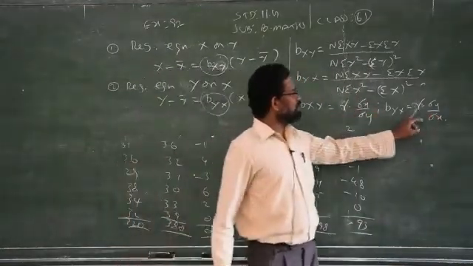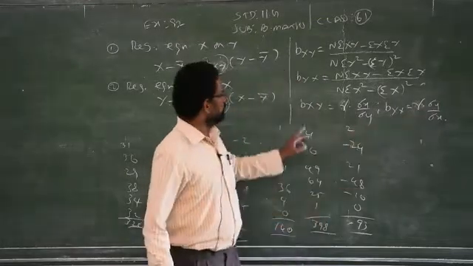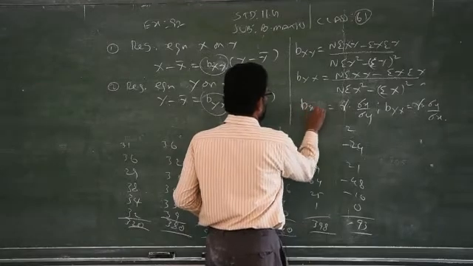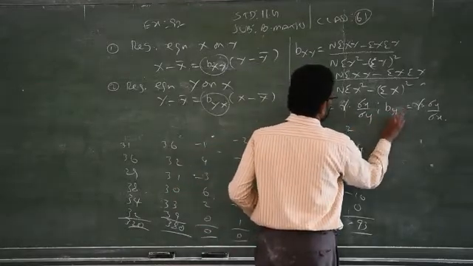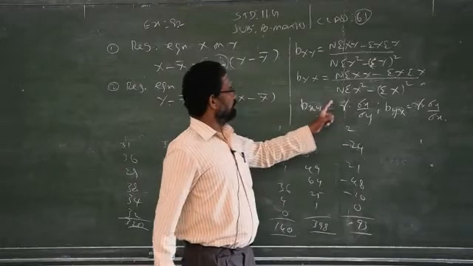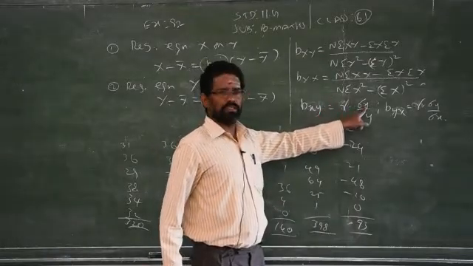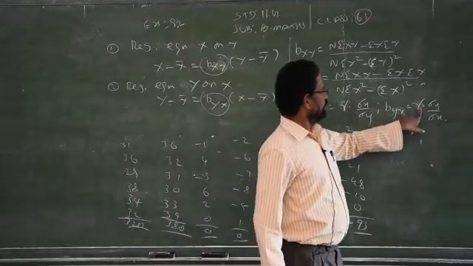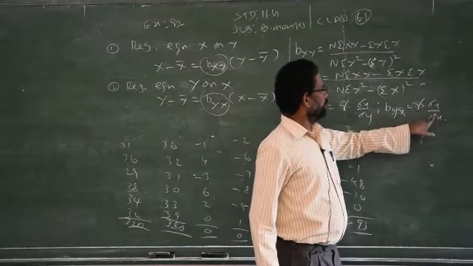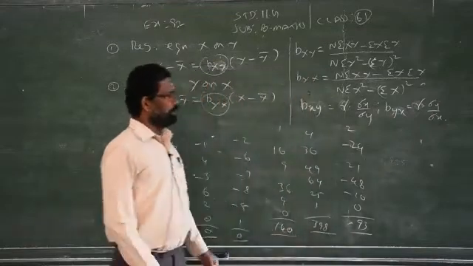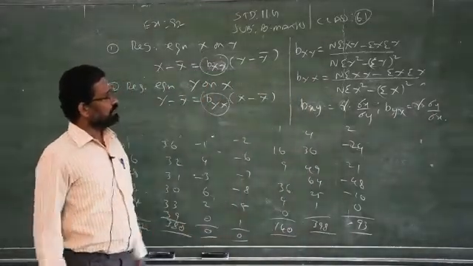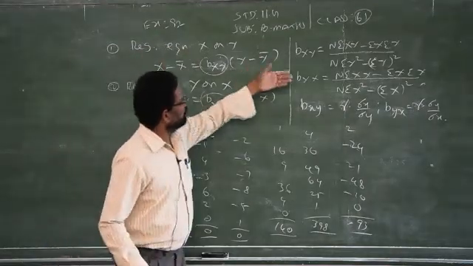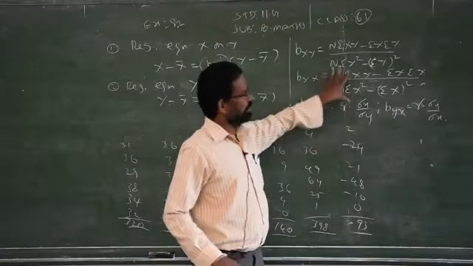When standard deviation and correlation are given, you use this formula to find b_xy. So b_xy is equal to correlation into standard deviation of x by standard deviation of y. And b_yx is correlation into standard deviation of y by standard deviation of x. You have to memorize these formulas for x on y and y on x, that is very important. We have 3 formulas. Clear?